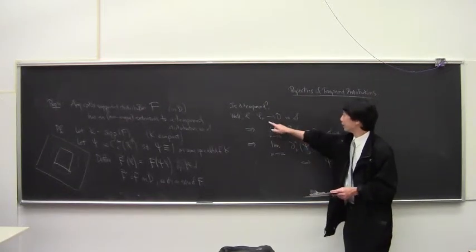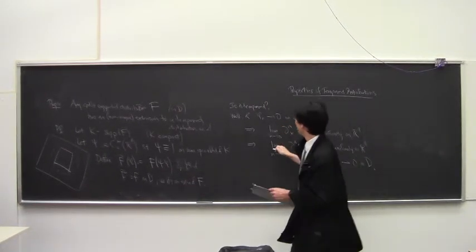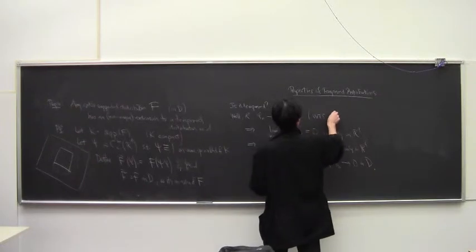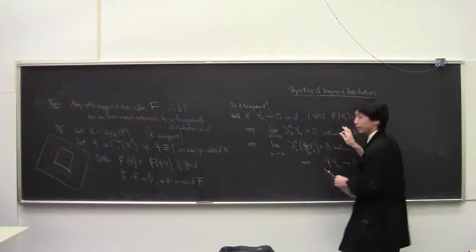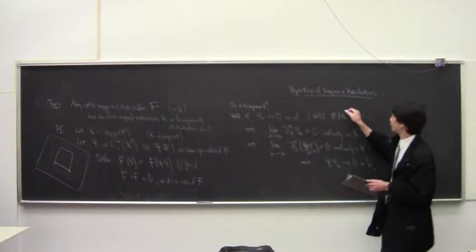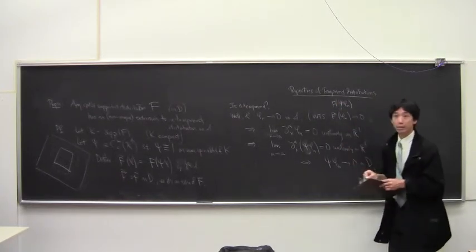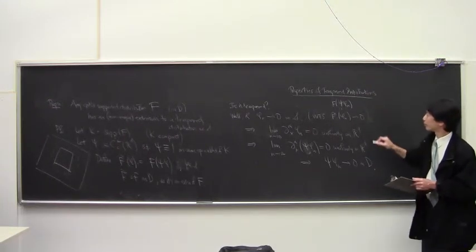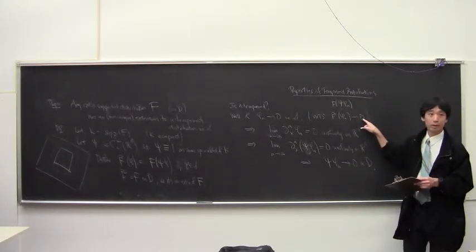We're trying to show that if phi n goes to 0 in S, then f twiddle of these guys, which we define as f of psi phi n, go to 0.